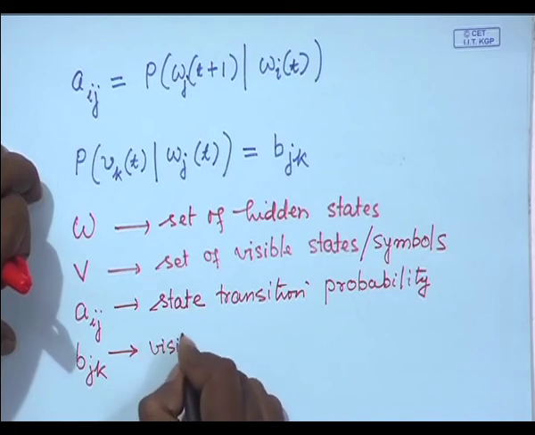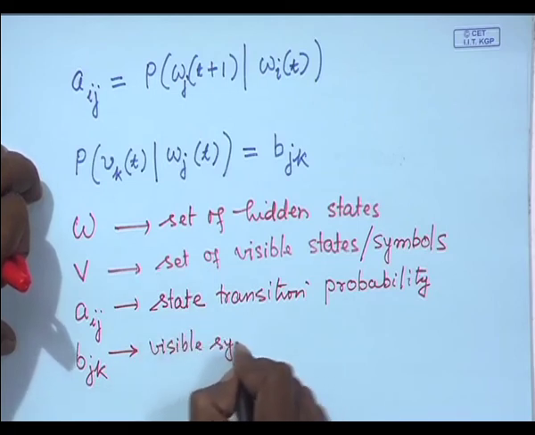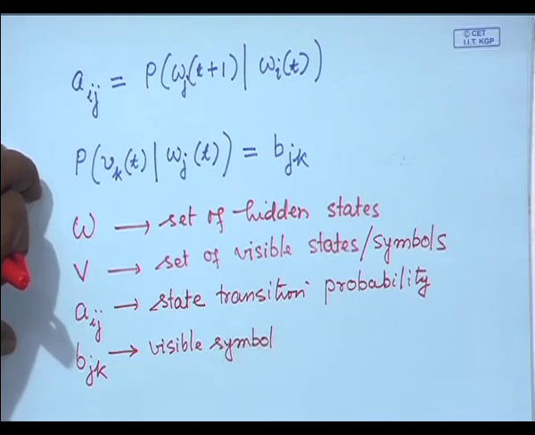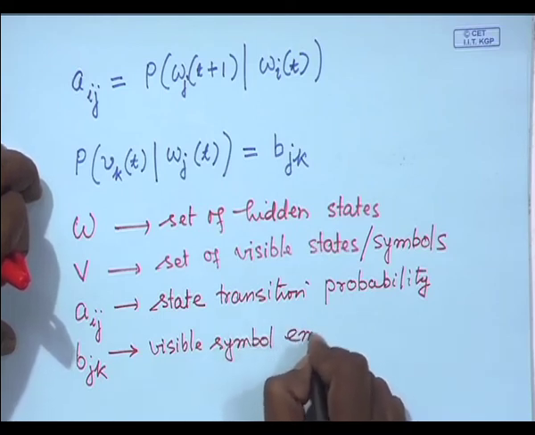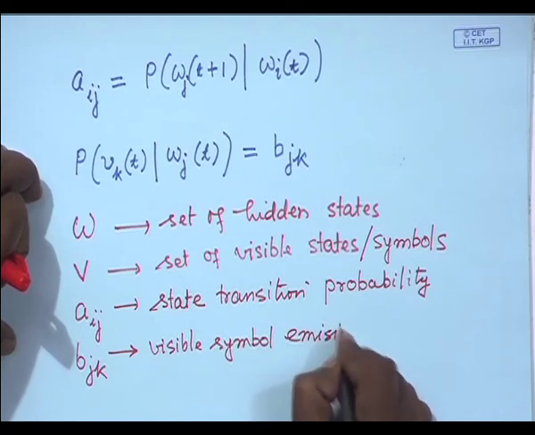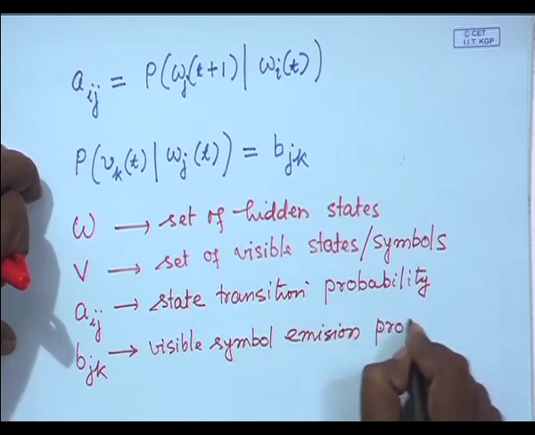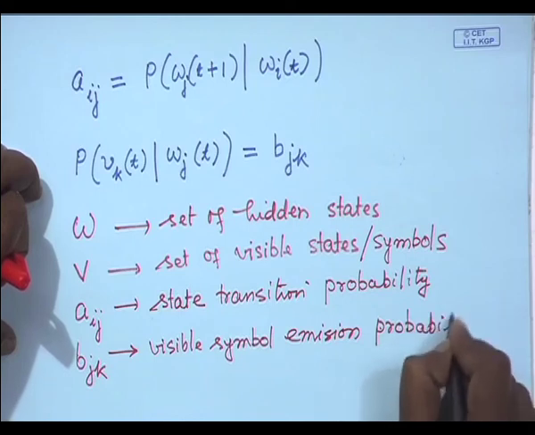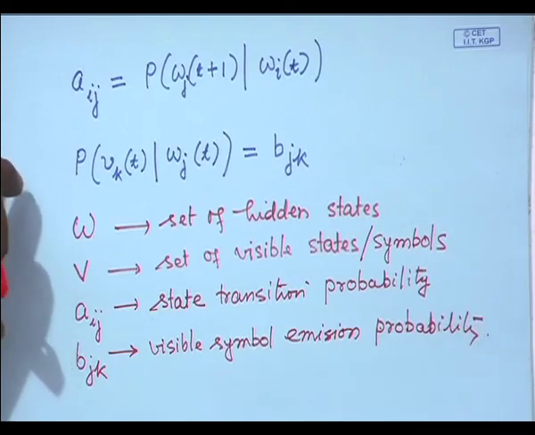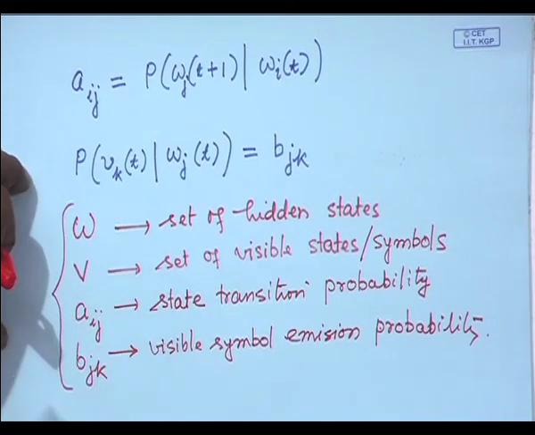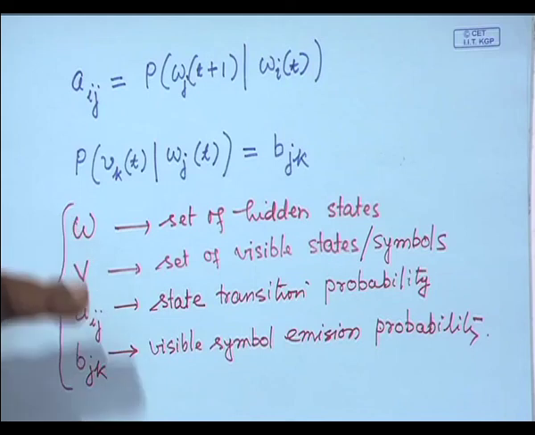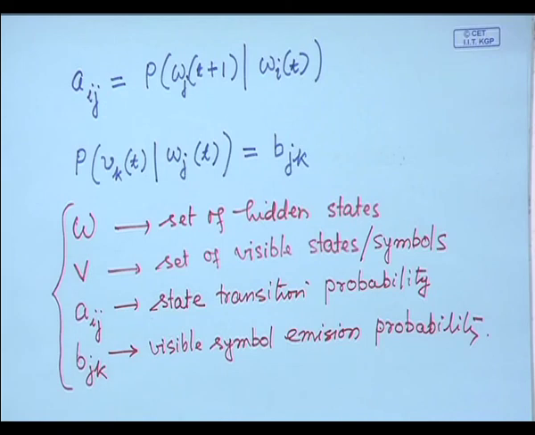So, this is actually the visible symbol emission probability. So, these are the 4 different items which must be specified for the specification of a hidden Markov model.